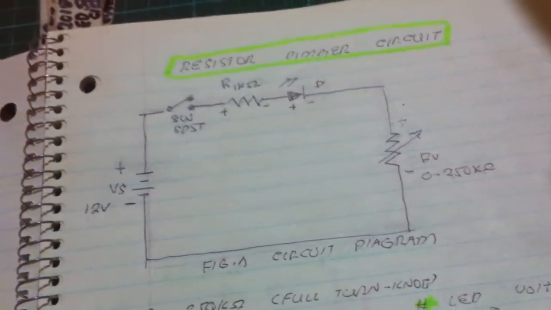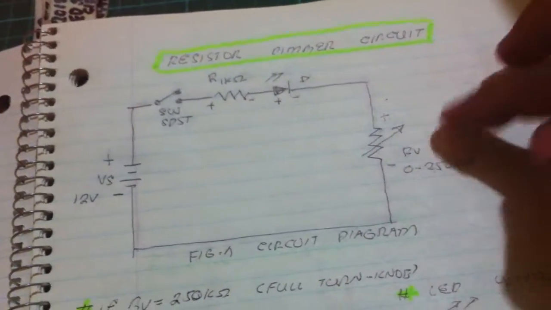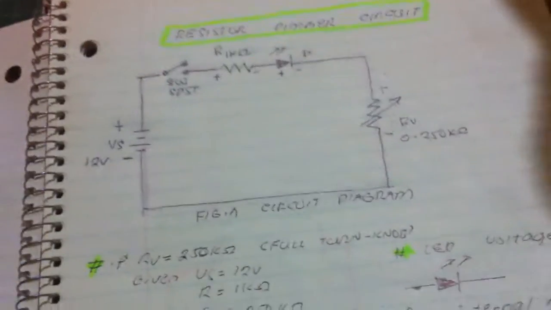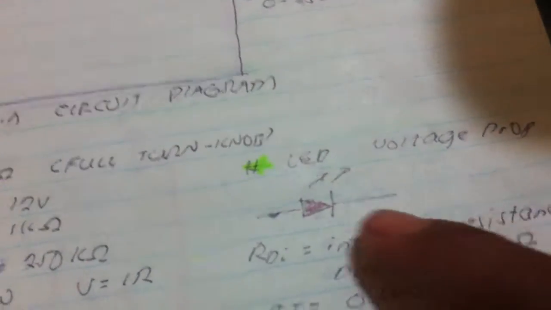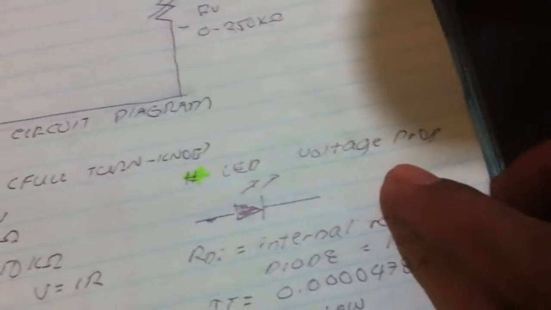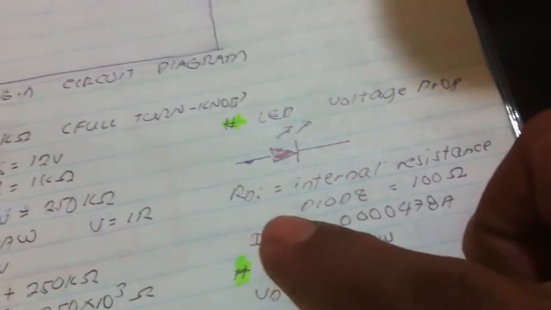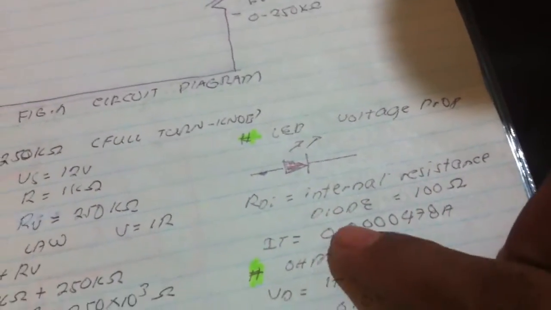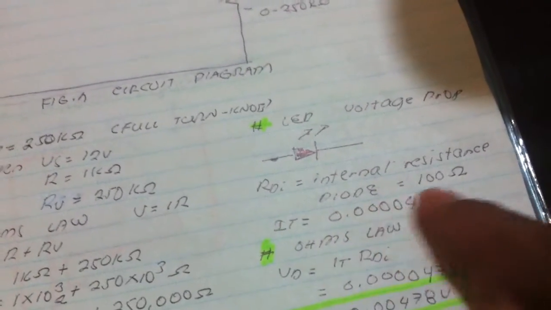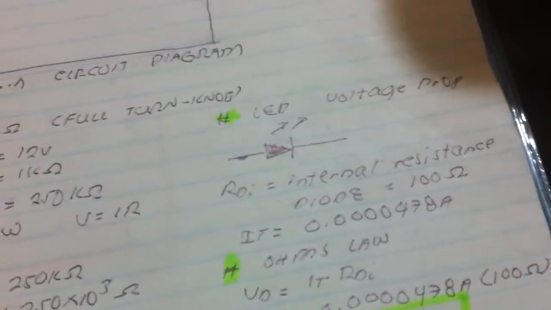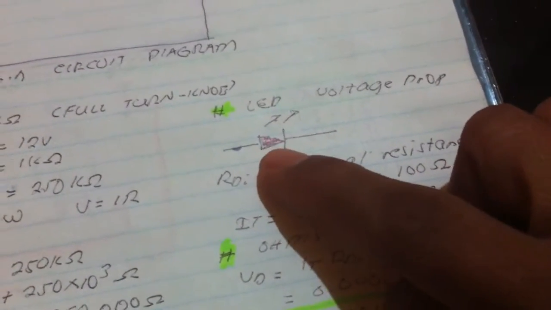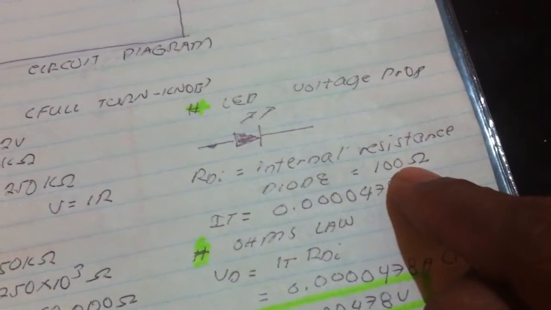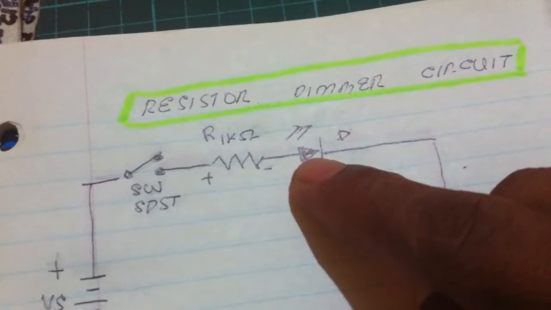When you turn the knob of this variable resistor, and here the LED voltage drop, we have here internal resistance of the diode as 100 ohms. What makes this internal resistance of the diode here 100 ohms? So let us just analyze this.